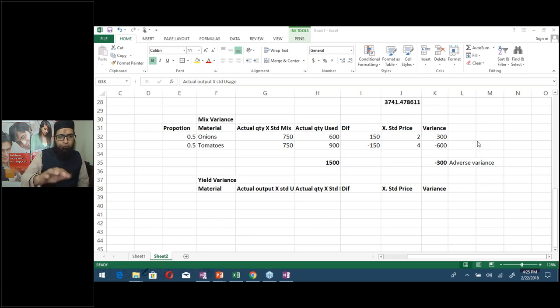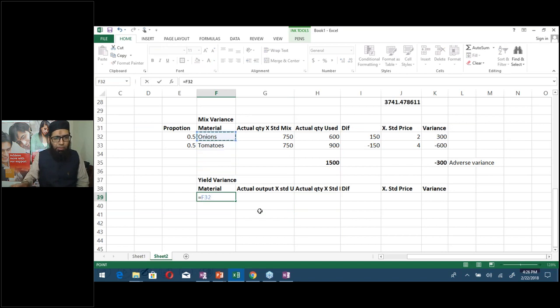Okay? Now, I can refer to the name of the materials. So this will be the name of the materials. I can also refer to the actual quantity into standard mix.